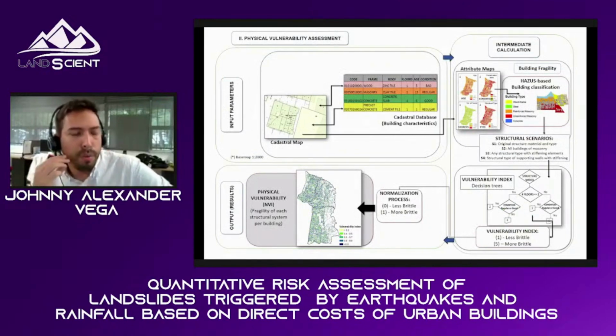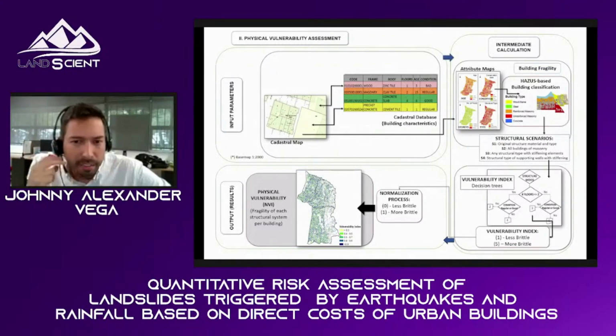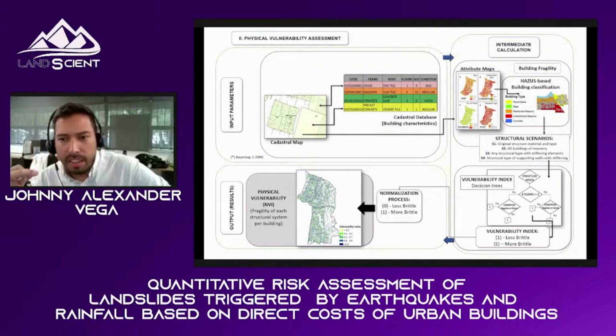This is the workflow for physical vulnerability. For this stage of the research, we used the cadastral map and cadastral database. Five building characteristics were used: age, condition, number of stories, structural type, and type of roof.